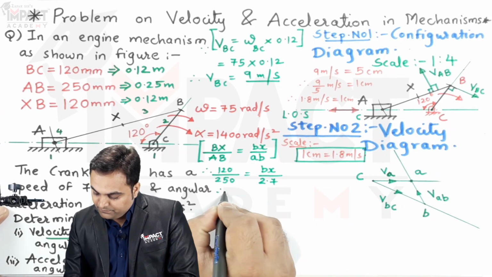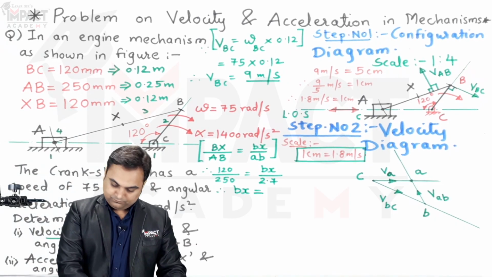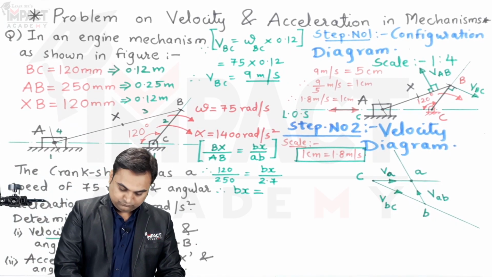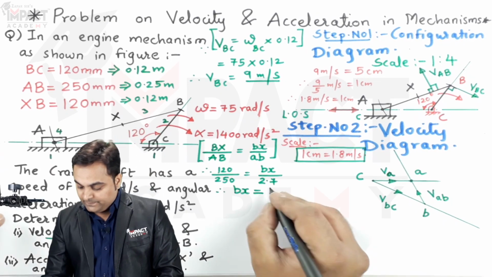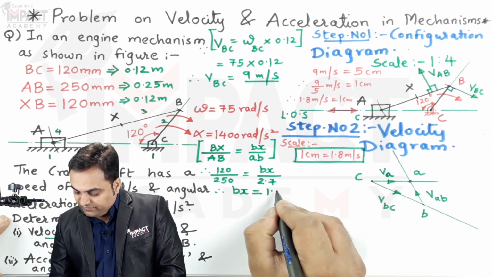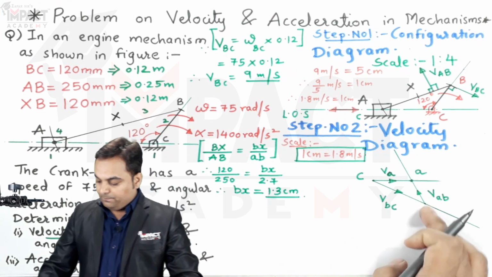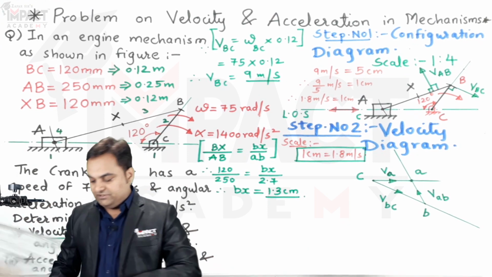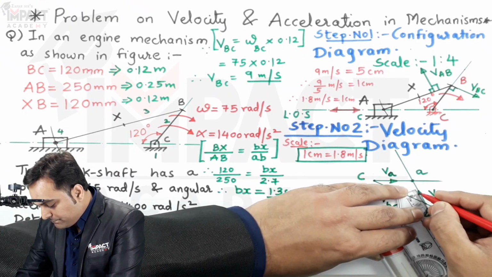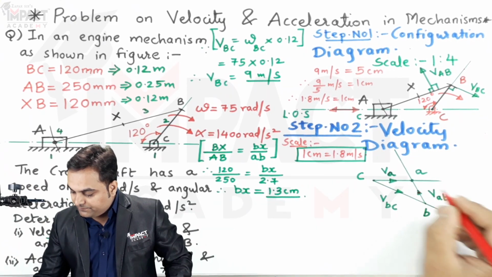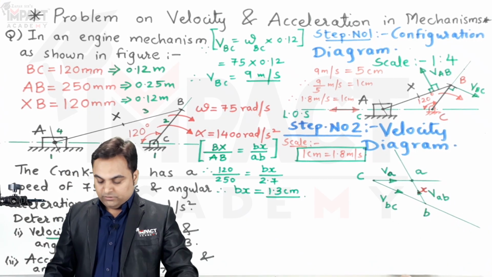So from this, bx value comes out to be 1.296 centimeter, approximately we can take it as 1.3 centimeters. So from B, I am going to measure a distance of 1.3 centimeters. So here I get point X located at 1.3 centimeters with respect to point B.